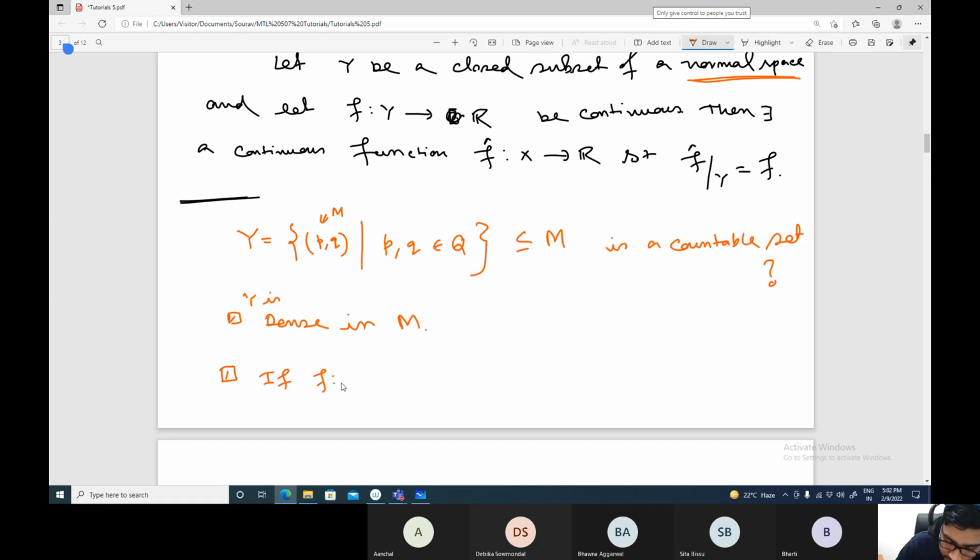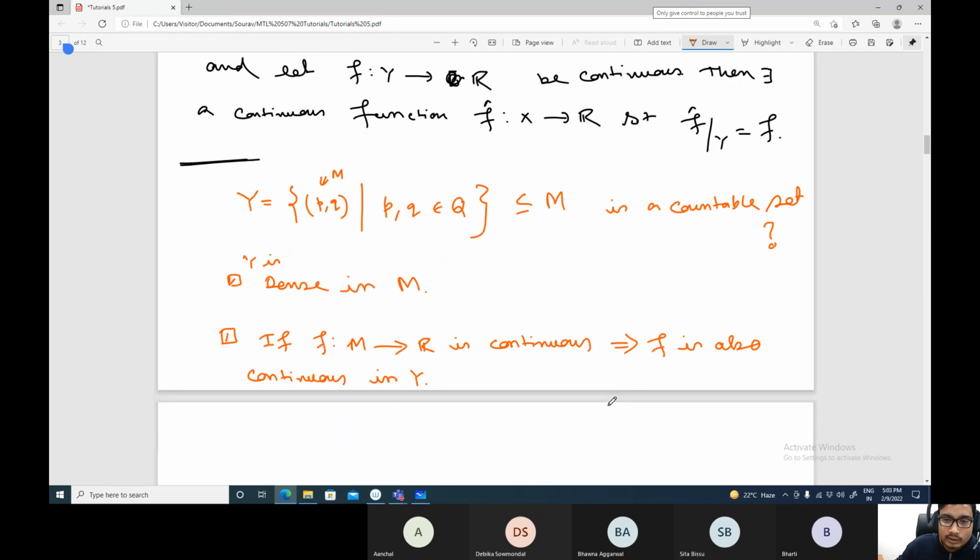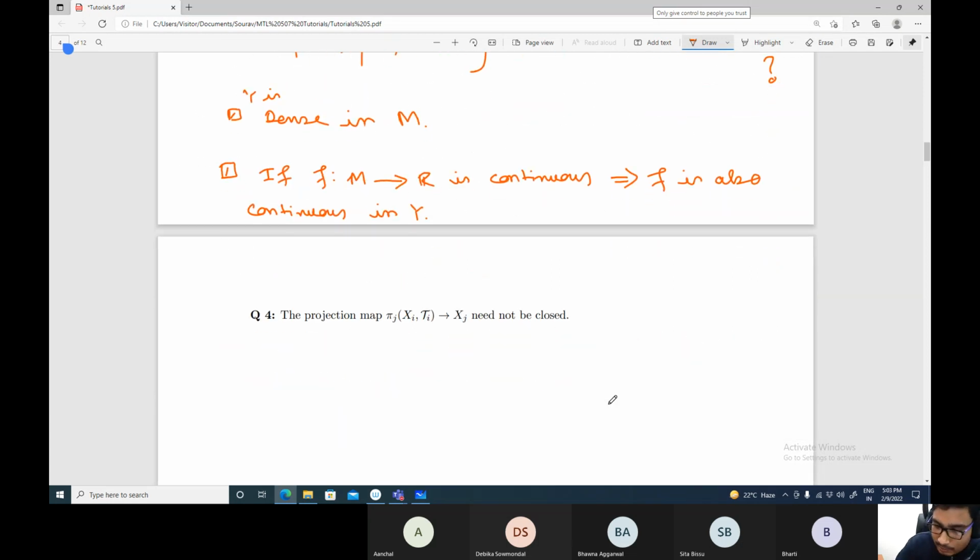So now, if f from M to R is continuous, then this continuous function should also be continuous on Y, right? Now let us try to find the number of functions.